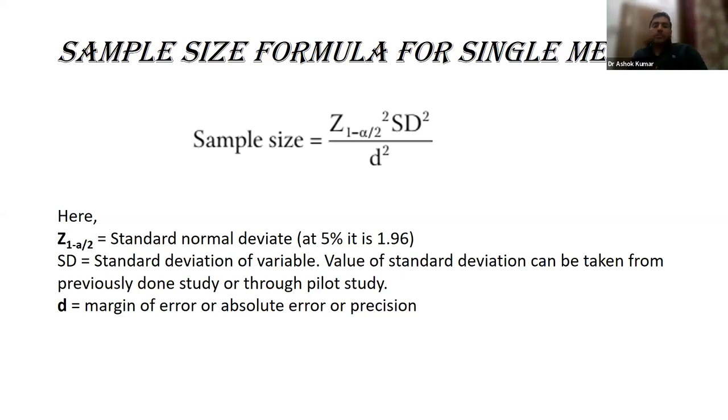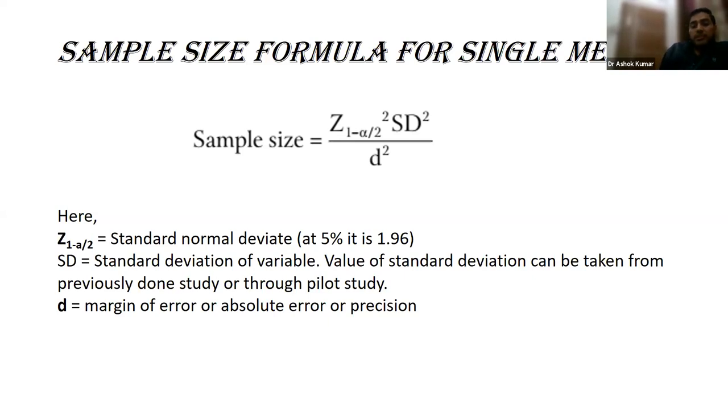The value of standard deviation can be taken from a previously done study or a pilot study. We can also rely on clinical expertise or expert opinion for this SD. There is no boundary or limitation for this. Sometimes we don't have a similar study, so we don't have SD from previous studies.